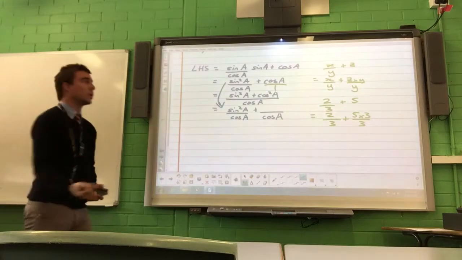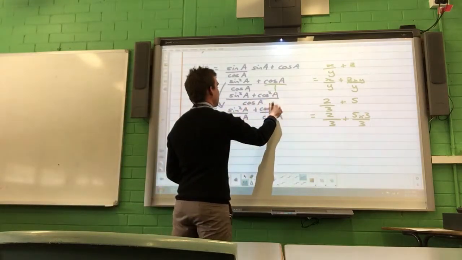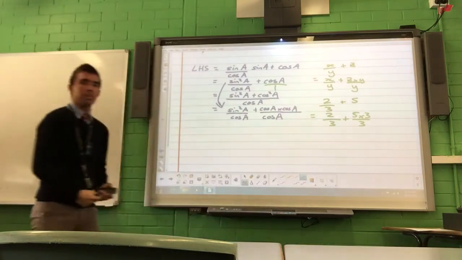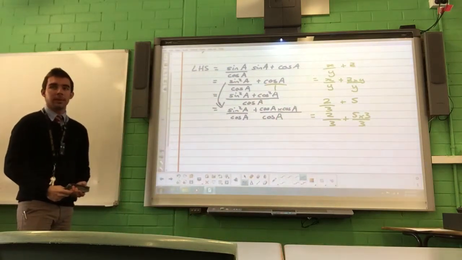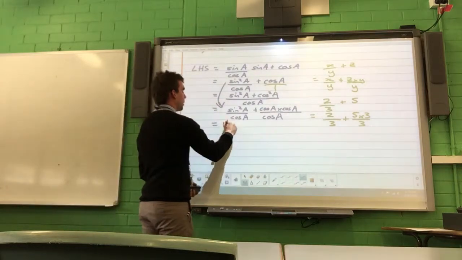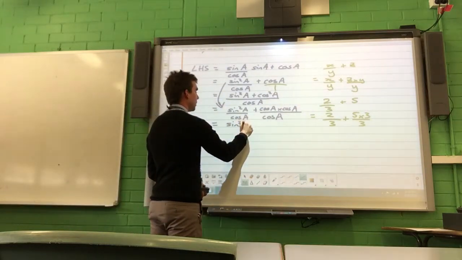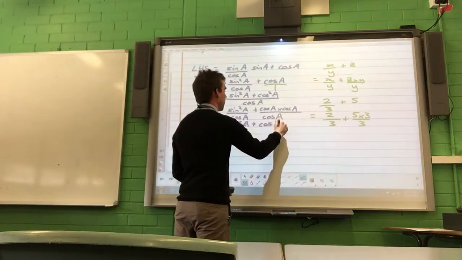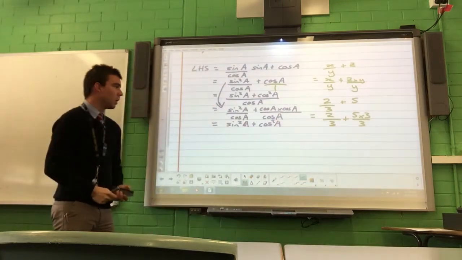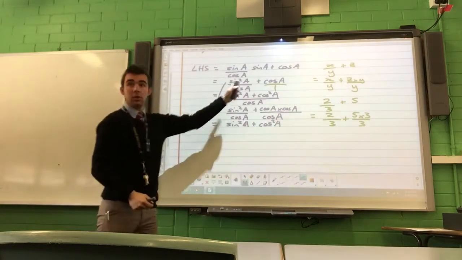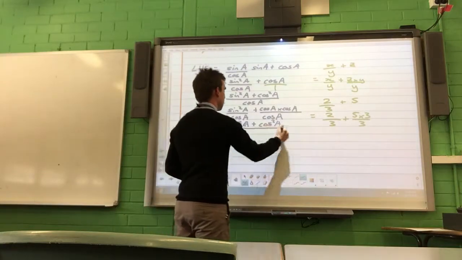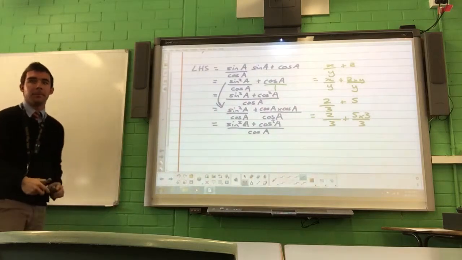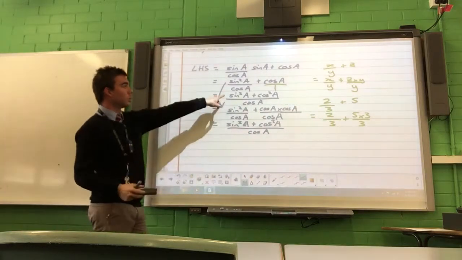Okay, to be able to still make it equivalent, I need to have cos of A times cos of A. Yep. Then my denominators are the same. So cos of A times cos of A is cos squared of A. So I add the numerators and the denominator stays the same. Yep, which is what I have over here.